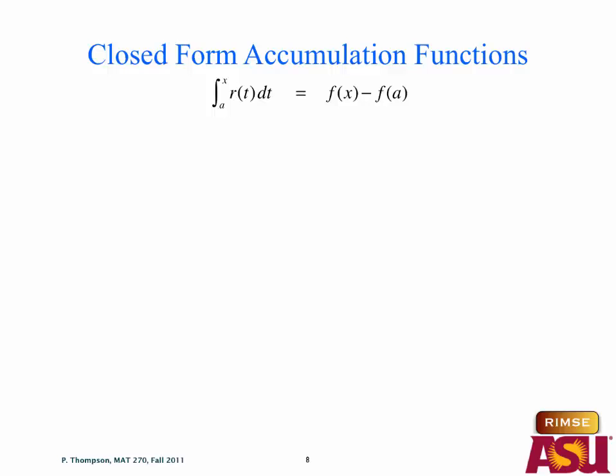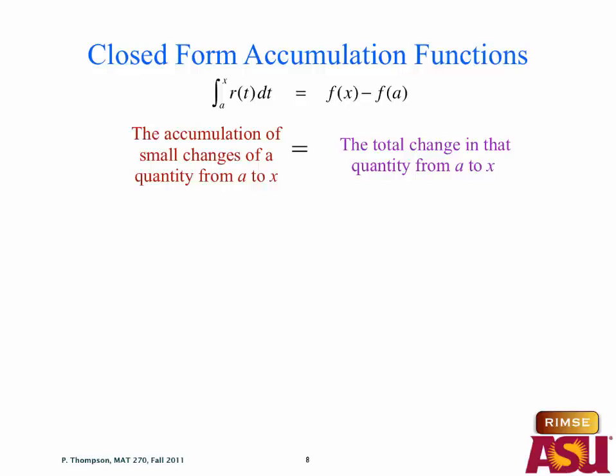And so if we're just generally talking, this is the accumulation of small changes of a quantity from A to X, your independent variable varying from A to X. And this over here is equal to the total change in that quantity as the independent variable changes from A to X.